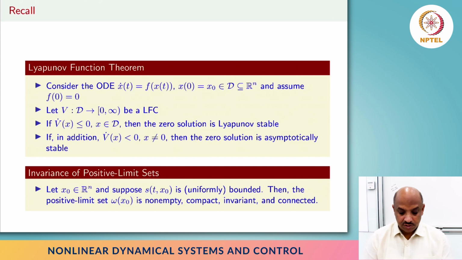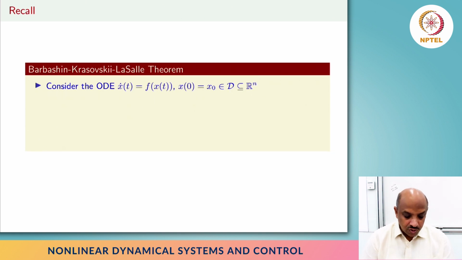That means first of all, this limit point is going to exist. It's not empty, and it's going to be compact, invariant, and connected. This is going to help us quite a bit. We are going to essentially ignore the condition V dot less than 0, but we will look for these invariant sets somehow using V dot less than or equal to 0.